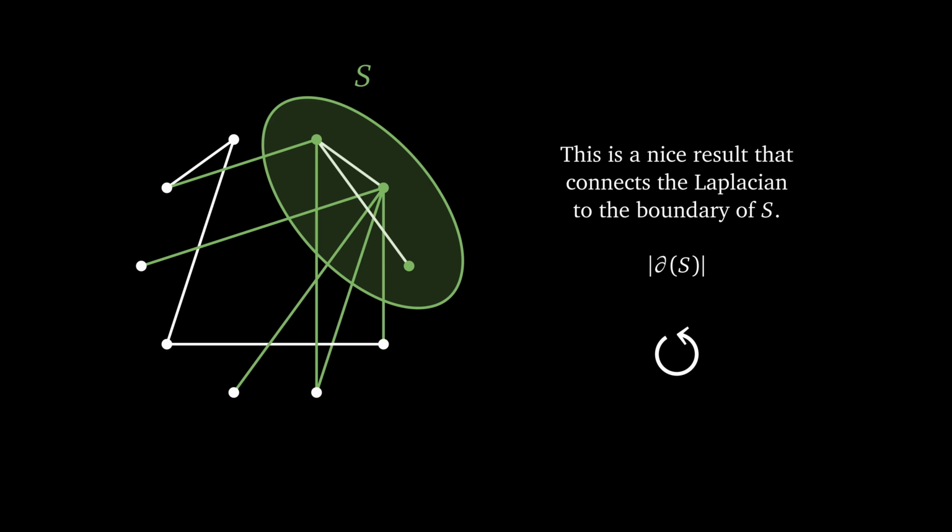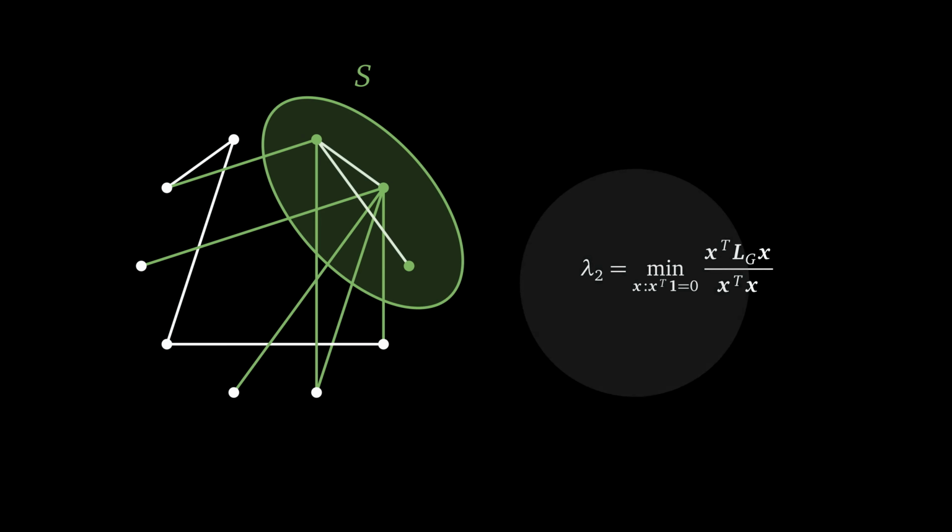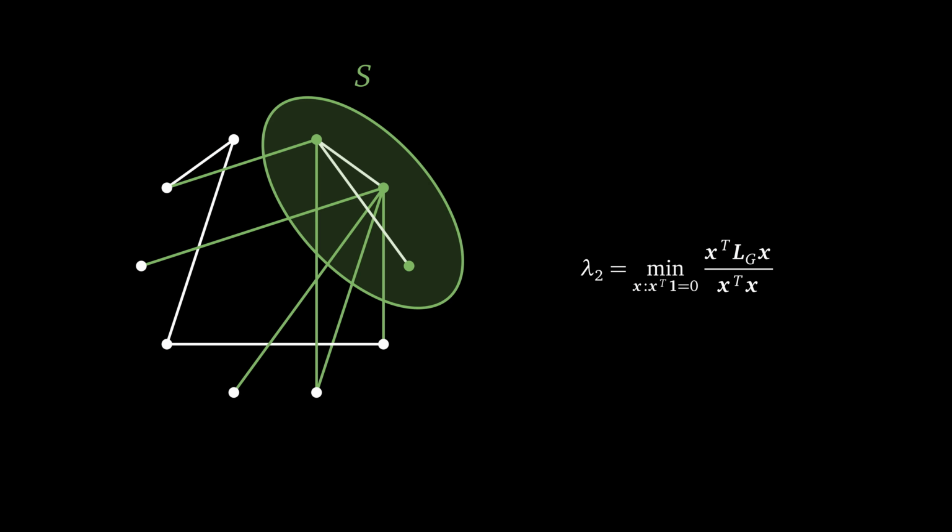However, hold up. Remember earlier, when we had to make sure that x was orthogonal to our constant eigenvector? Well, our indicator function dotted with our constant eigenvector is not equal to 0, i.e. it's not orthogonal.